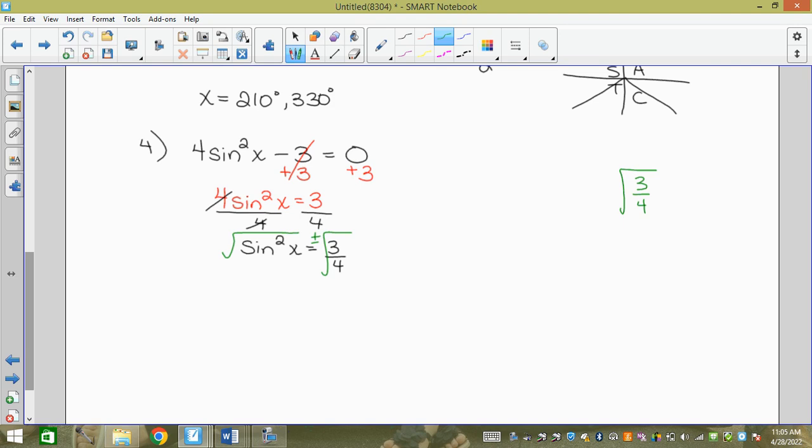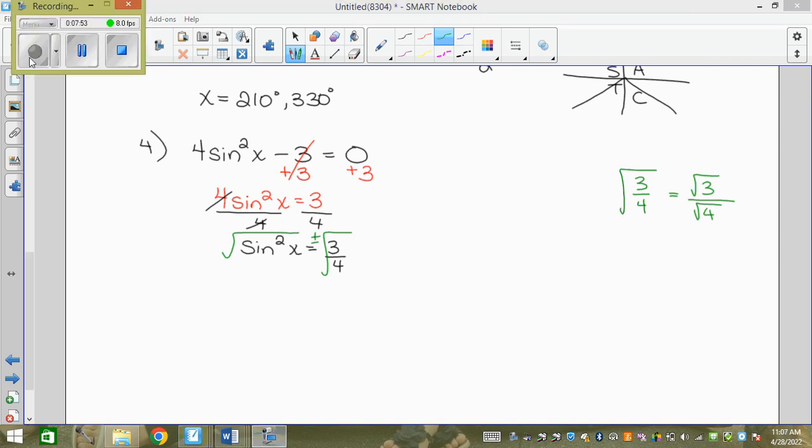Now type this in: root 3 over root 4, splitting that radical up. Same answer, isn't it? So whenever we have a full radical, we can split it up. If we have 2 split up radicals, we can write it as a full radical. They can go back and forth.